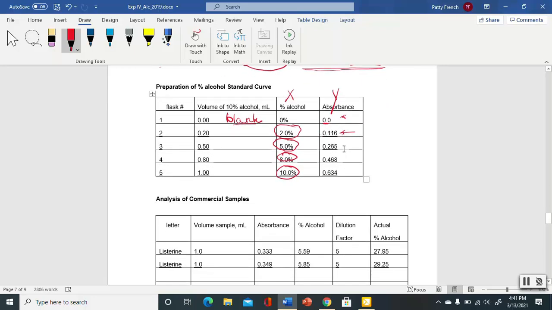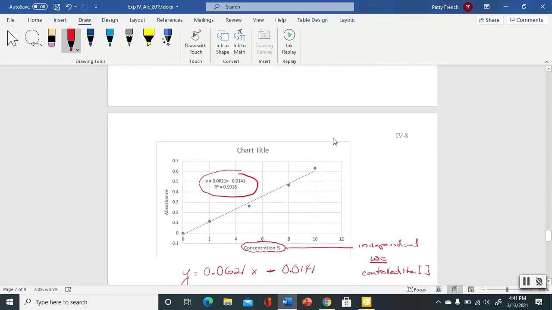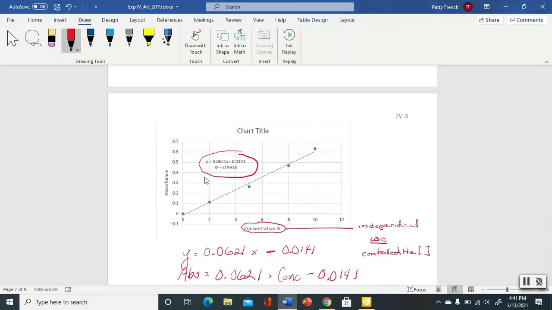And when I did this with mine, this was the graph I got. I had two variables, one independent and one dependent. Concentration is the independent variable. We controlled the concentration. We made those solutions, and then we put them in the spectrometer, and the result of that solution gave us our dependent variable, which is the absorbance.